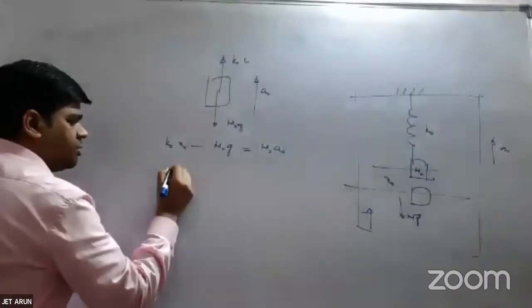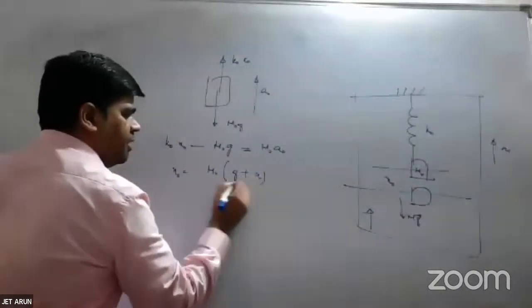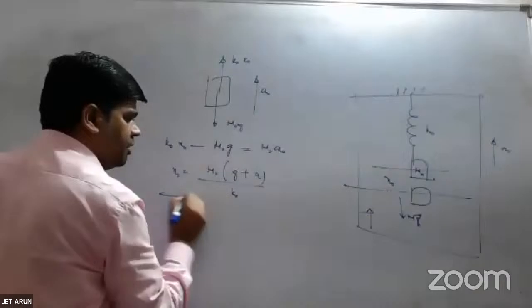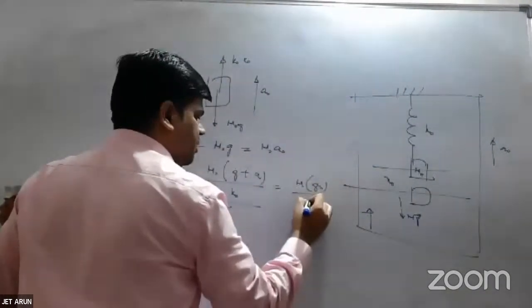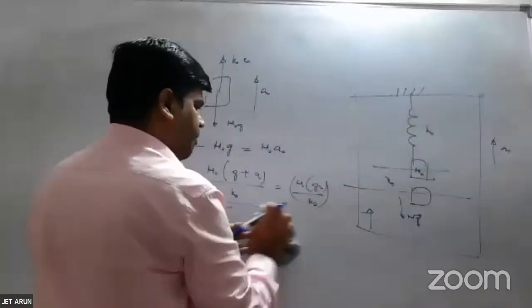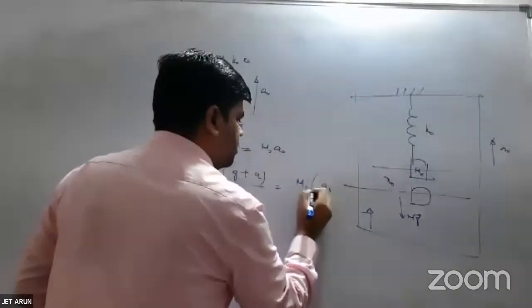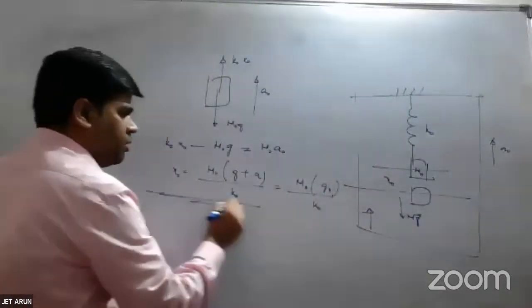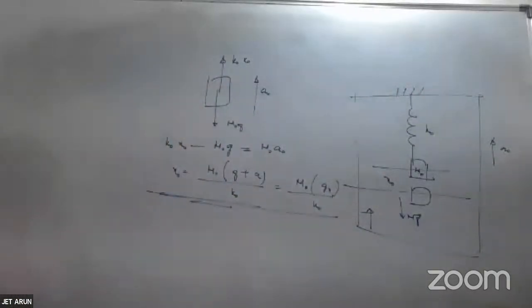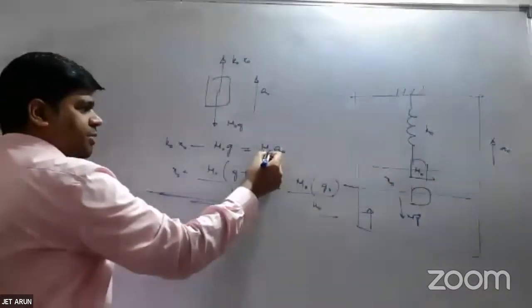So x naught is equal to m naught into g plus a by k naught, where I can write this as m naught into g effective by k naught. All right, that's what I got. And look at this equation, students. This is net force equal to mass into acceleration because the particle is accelerating over here.